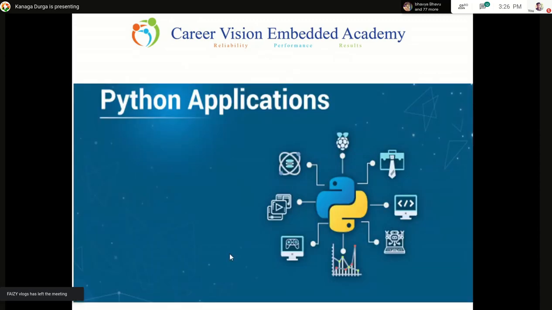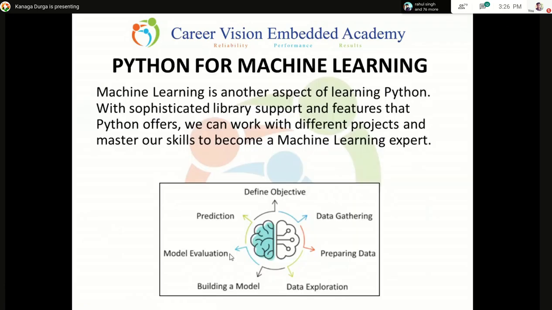So these are all the major features, the reasons for which we use Python and how it eases our real-time problem-solving. Moving on to the applications of Python. First and foremost, Python is widely used for machine learning. We will be seeing what machine learning is in the later part of the webinar.